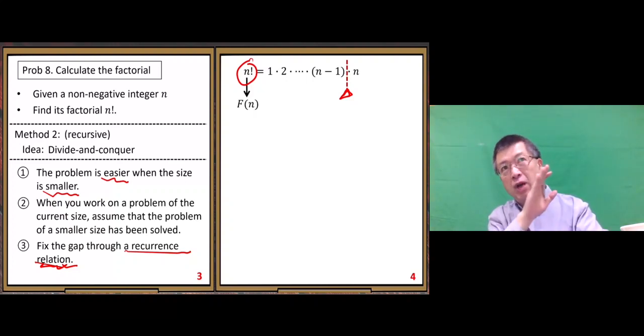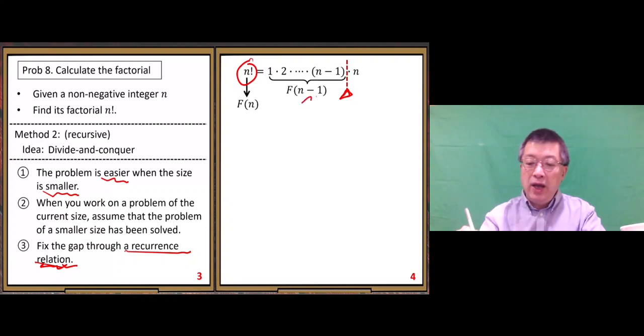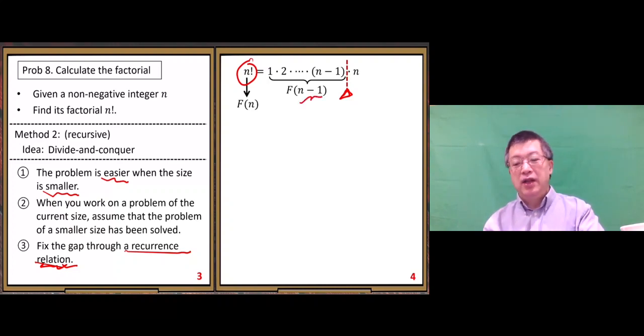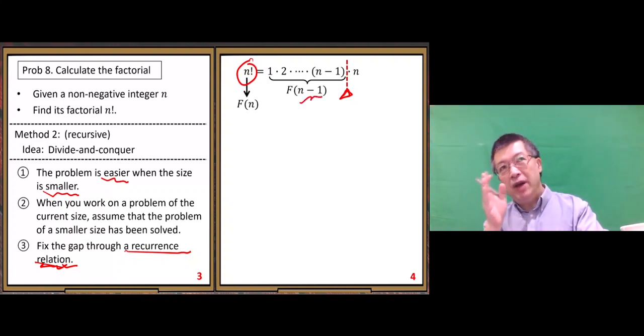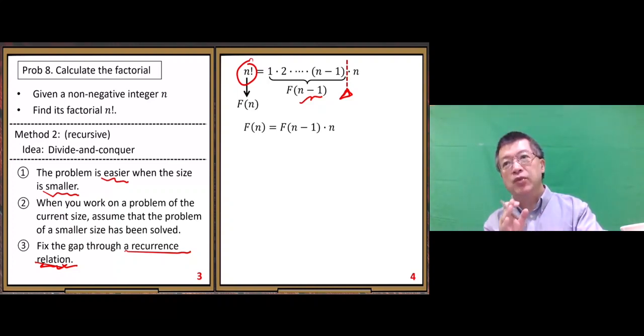After we chop it off, the problem size is one smaller. n minus 1 is the problem size. So this f of n minus 1, we assume we have solved it. So we start from there. In that situation, we can derive the recurrence relation. f of n equals f of n minus 1 times n.